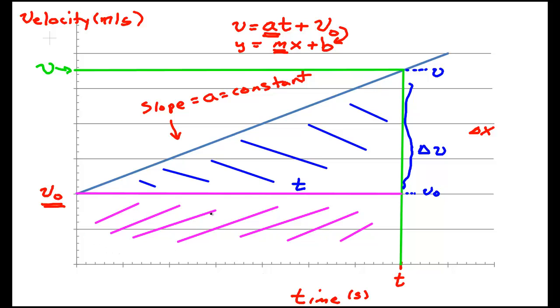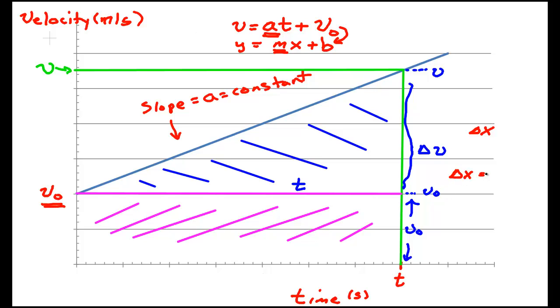On the other hand, this rectangle, we have everything we need to find it. We have a base of t, and we have this height. That's v naught. So we can write what the change in position, the displacement, is for this.